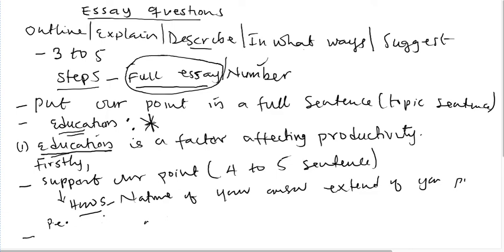So after you write the nature, the extent, the processes that your point will pass through to answer the question, you now link it to the demand of the question, affecting. So you write results. As a result, this will happen, that will happen. Consequently, this will happen. Then you end your explanation.